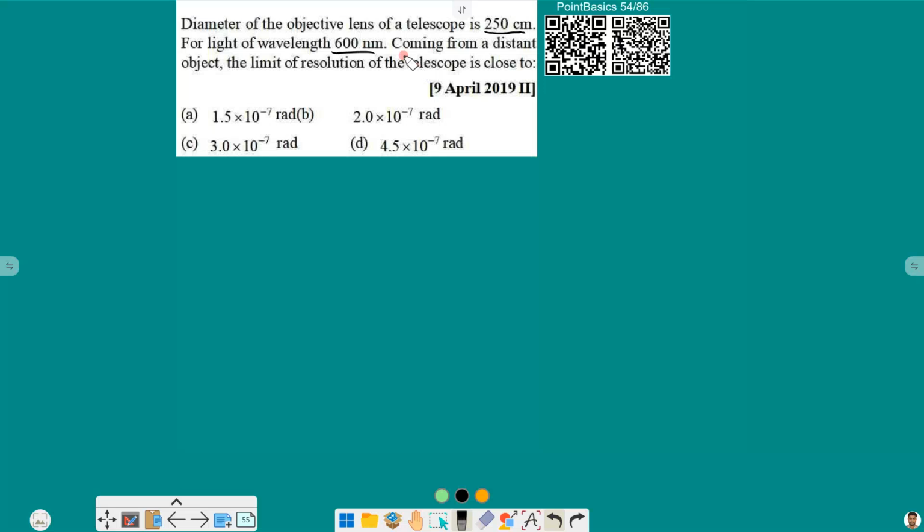So limit of resolution means we have to basically find theta here, and that theta will be equal to 1.22 times lambda by the diameter, and that diameter is of the objective lens, meaning the lens which is actually facing the object. So 1.22 times 600 into 10 raised to power minus 9 by D, where we have 250 centimeter or 2.5 meter there.